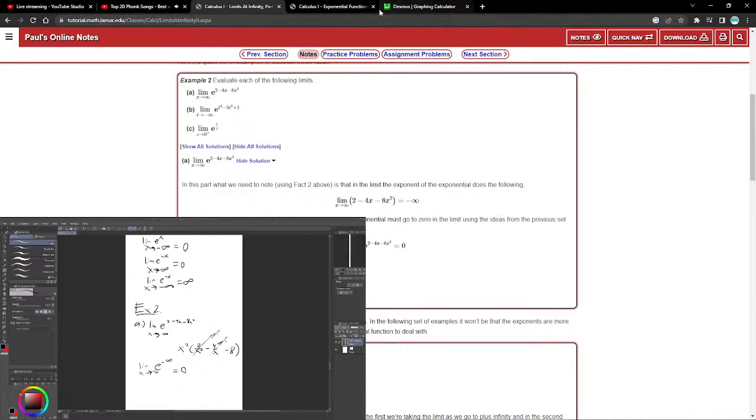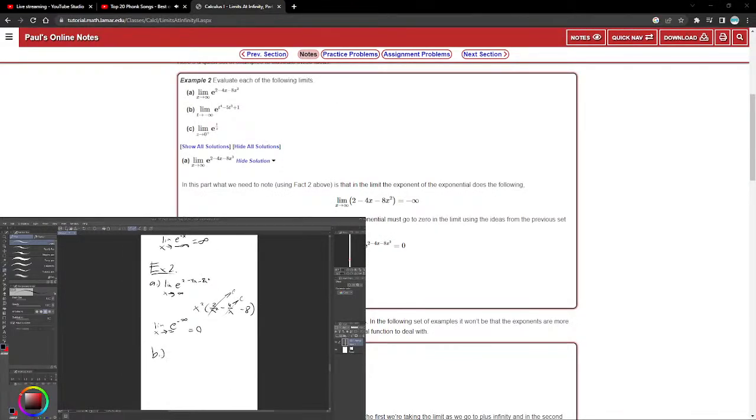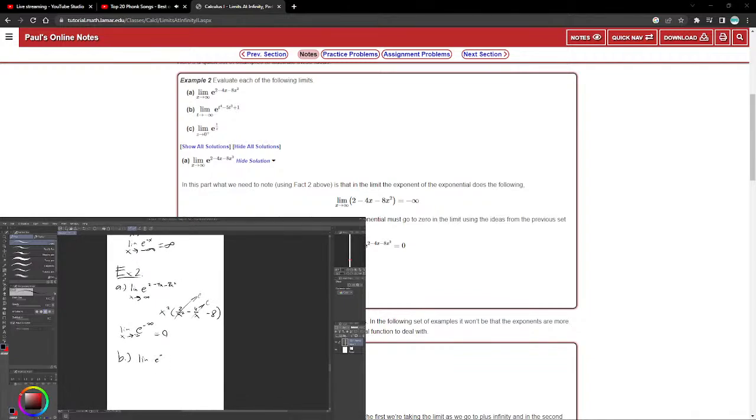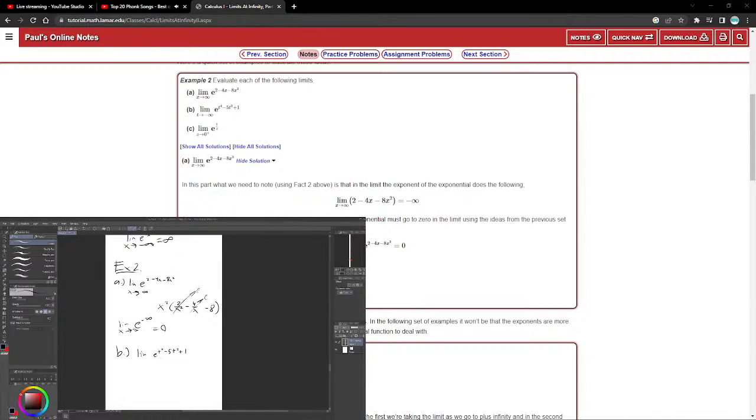So here is the limit of e to the power of t to the power of 4 minus 5t squared plus 1 as x approaches negative infinity.